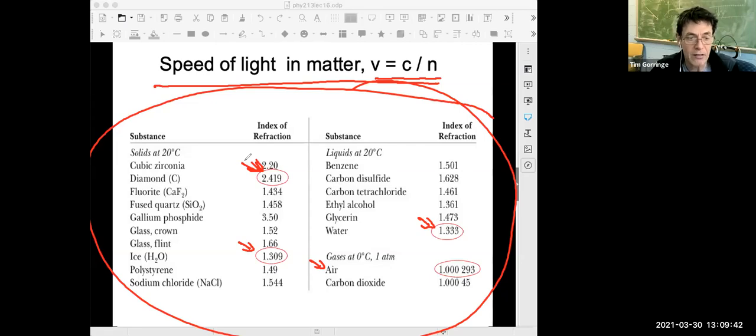It also means that light, when refracted by diamond, when bent into diamond or leaving diamond, is bent at large angles. So that's why diamond is so special. Diamond can trap light, contain light, because it's hard for the light to get out. That's why it gives diamond those special properties when you look at it.